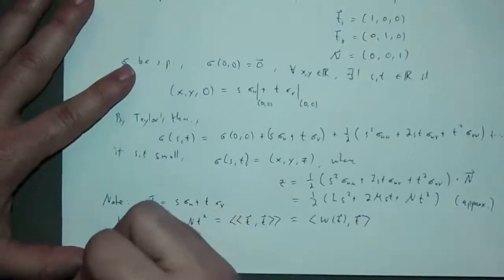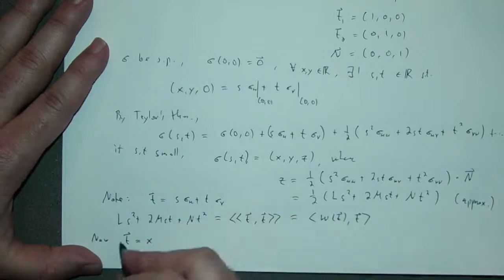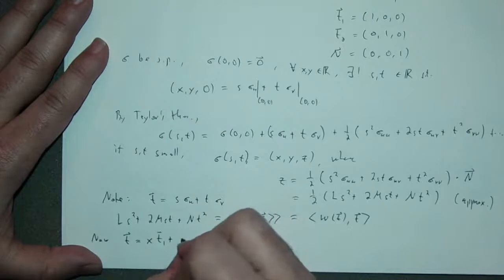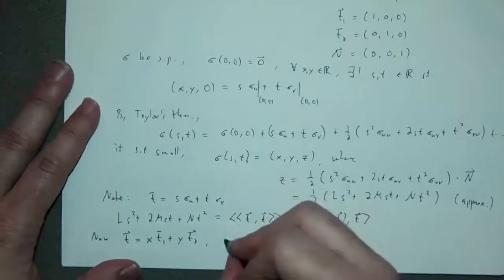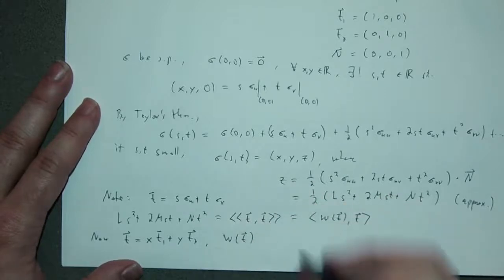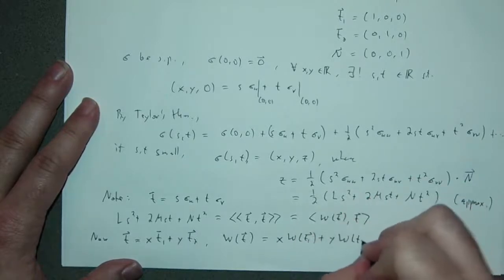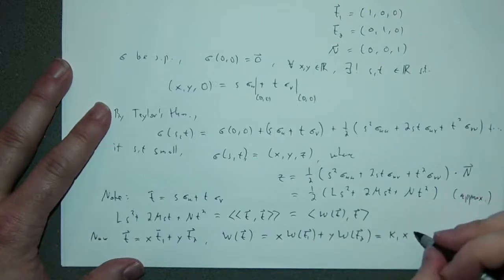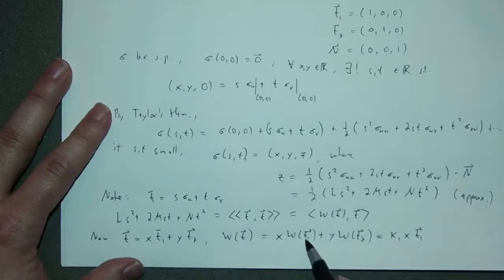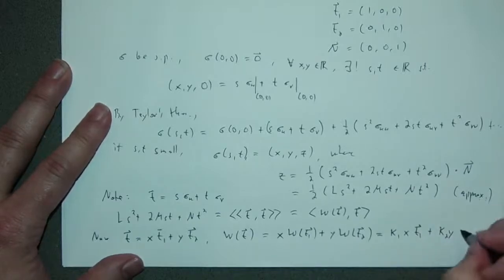So now, if I take my generic vector written in terms of this basis t1 and t2, so x t1 plus y t2 here, then the Weingarten map of t, because it's linear, is x times the Weingarten map of t1 plus y times the Weingarten map of t2, which is kappa sub 1 x times t1, because the Weingarten map of t1 is kappa sub 1 t1, plus kappa sub 2 y times t2.